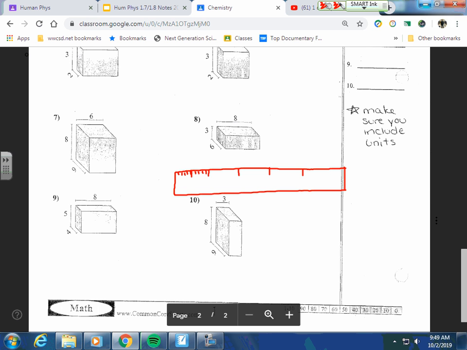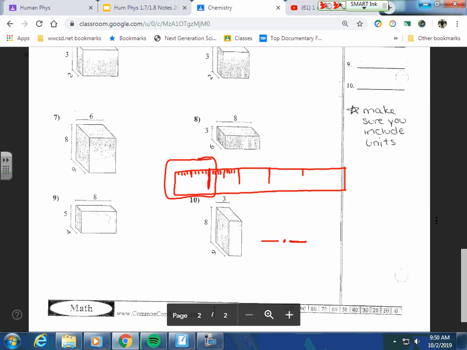So if this right here is a centimeter, I can see each centimeter, and we also have smaller marks. What those smaller marks represent is a tenth of a centimeter. Okay, so I can see the centimeters. I can also see these smaller marks in between. All right, so I can also see tenths of a centimeter.